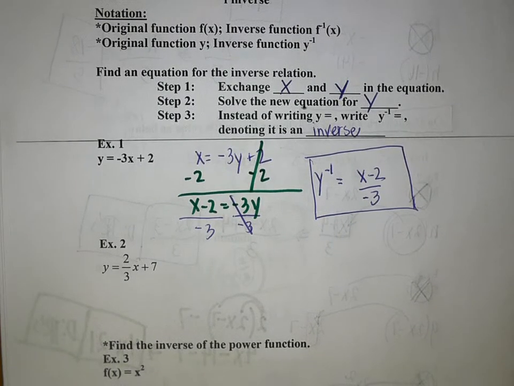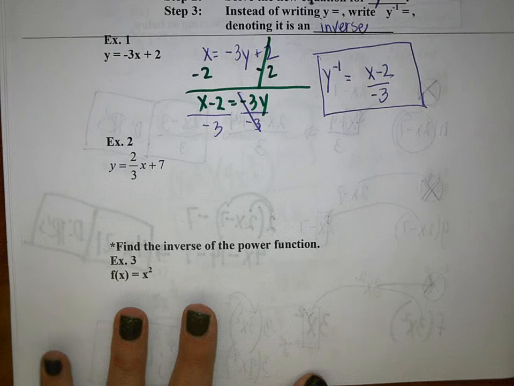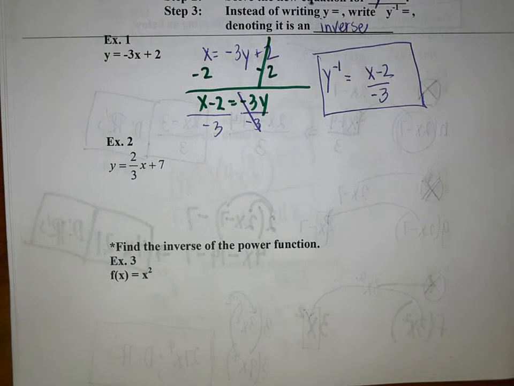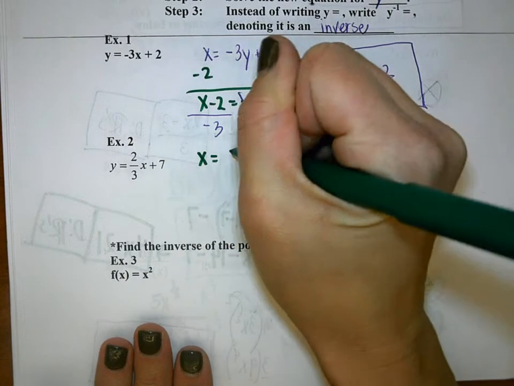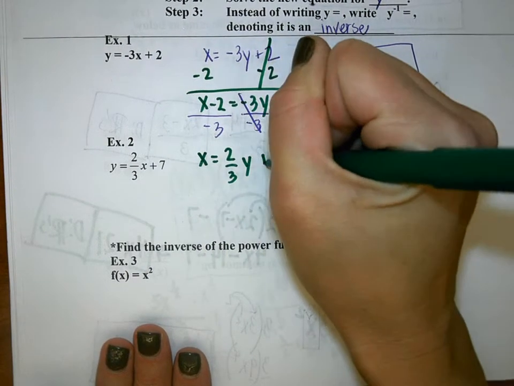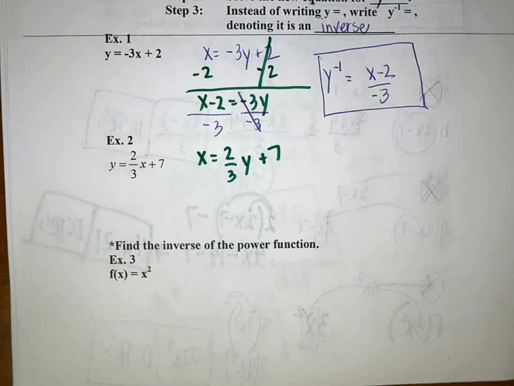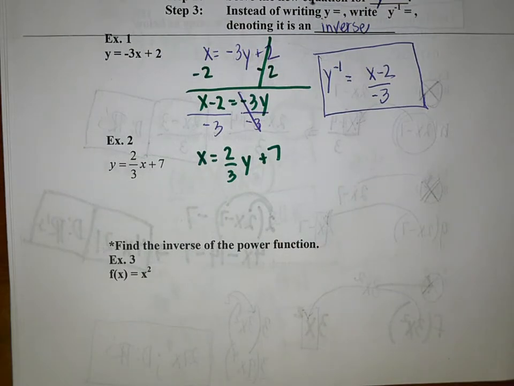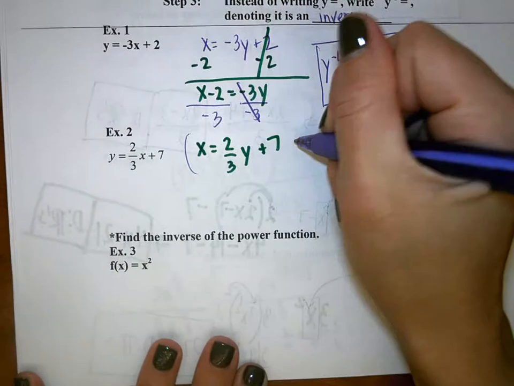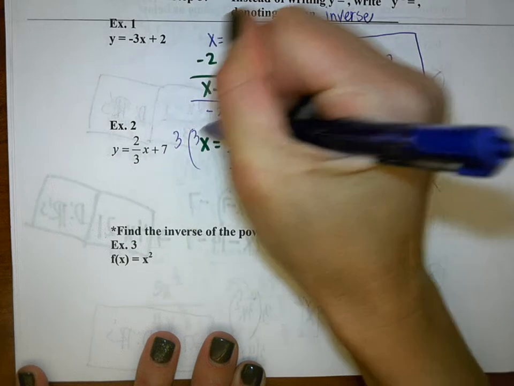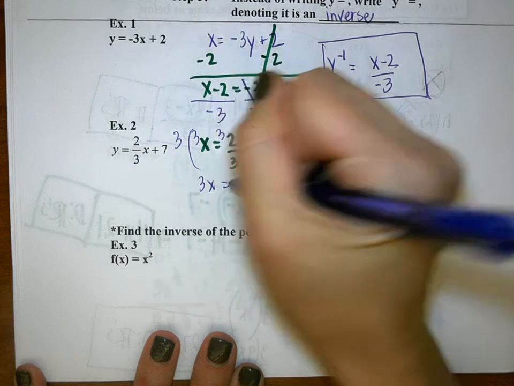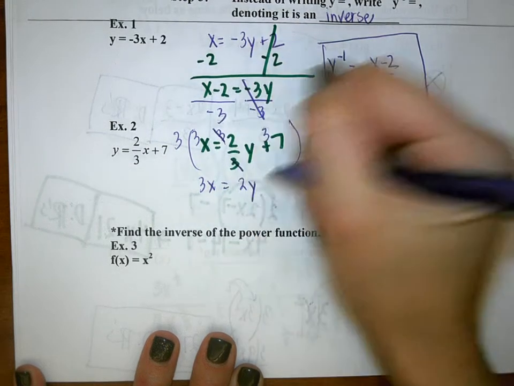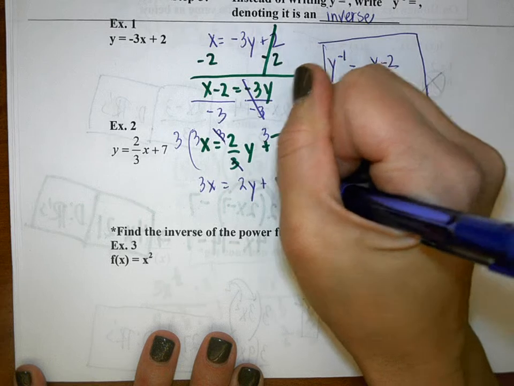Okay, let's try example 2. Again, we're going to exchange x and y. So I will rewrite this as x equals 2/3 y plus 7. Now we need to solve this for y. The first thing I would do is get rid of the fractions, by multiplying the entire equation by 3. So I end up with 3x equals, here my 3's cancel out, and I get 2y plus 3 times 7 is 21.